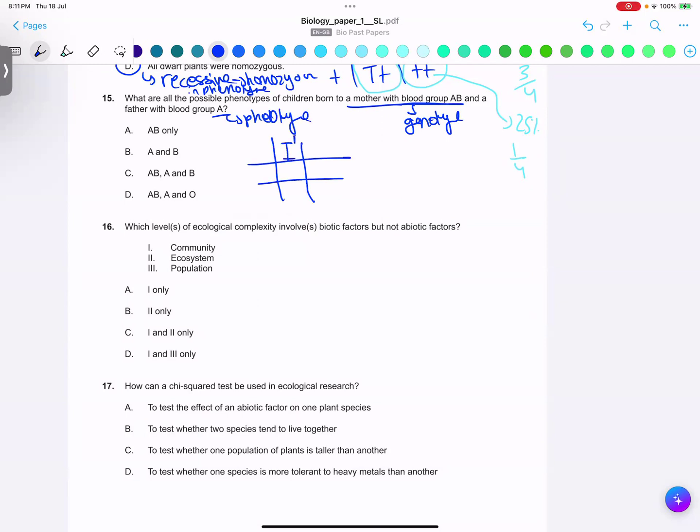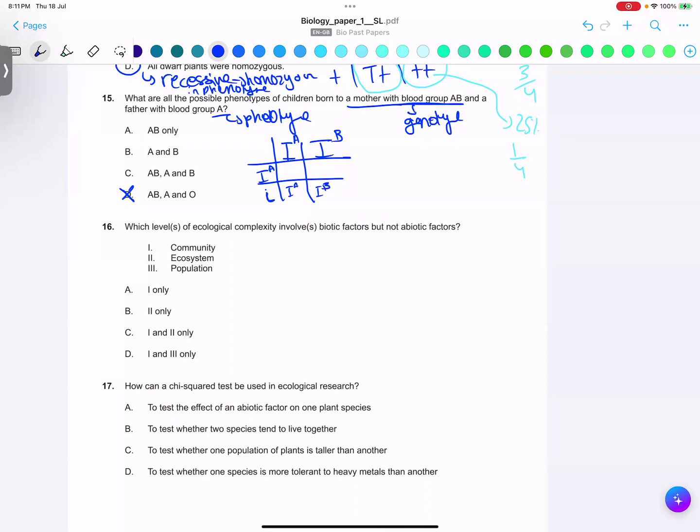We do IA, IB. Here we have IA. But in this case, we don't know this one, so it can be i for O. Now we know that this cannot be O, because no matter what, there's going to be IA or IB.